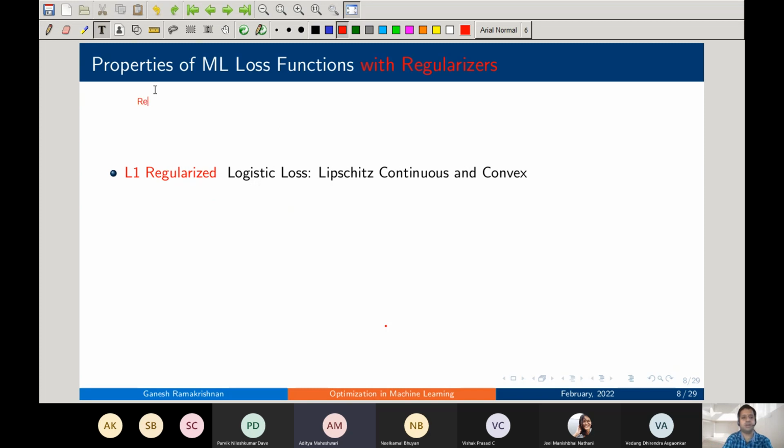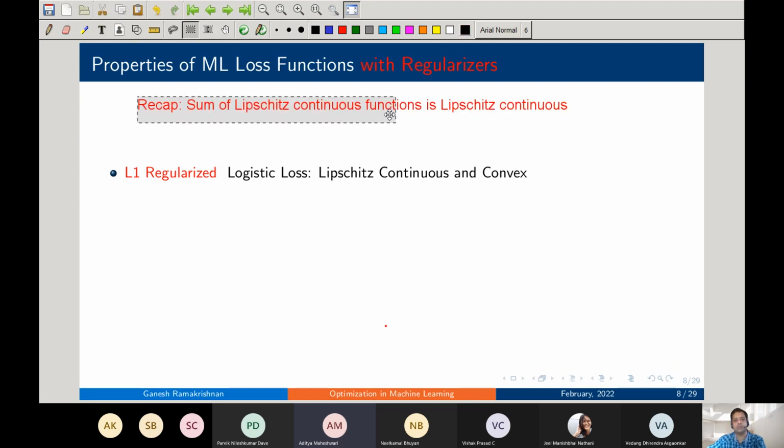So recap: sum of Lipschitz continuous functions. Okay, so that is not an issue.